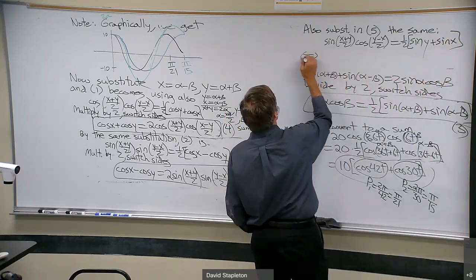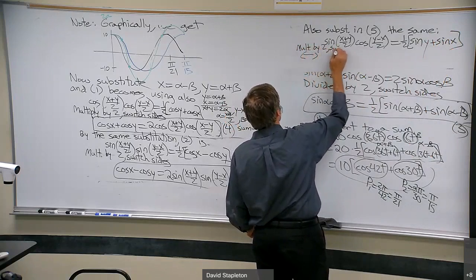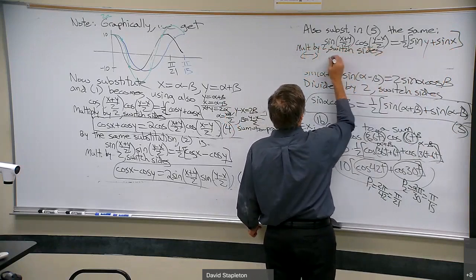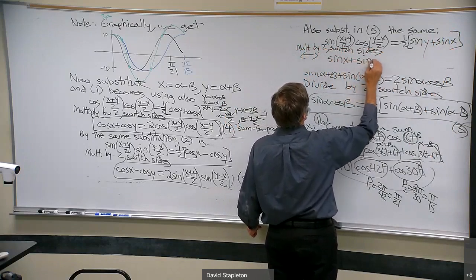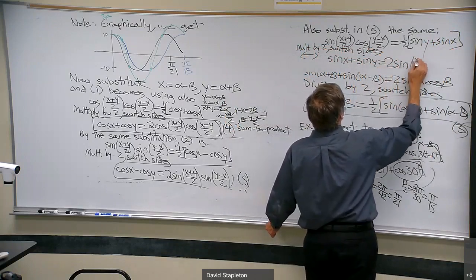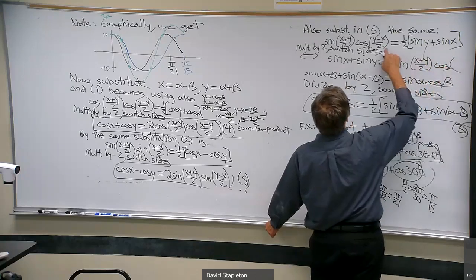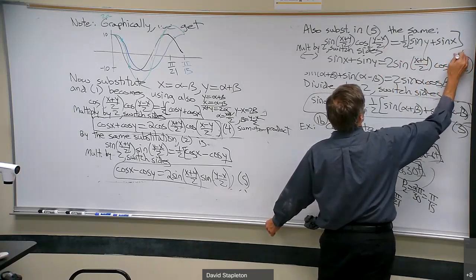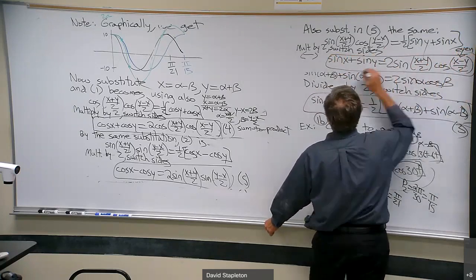And equivalently, by multiplying by 2 and switching sides again, we get finally sine x plus sine y, twice the left side, equals twice the right side: twice sine x plus y over 2 cosine y minus x over 2, which is also x minus y over 2 by the even property. There we've got equation 6.